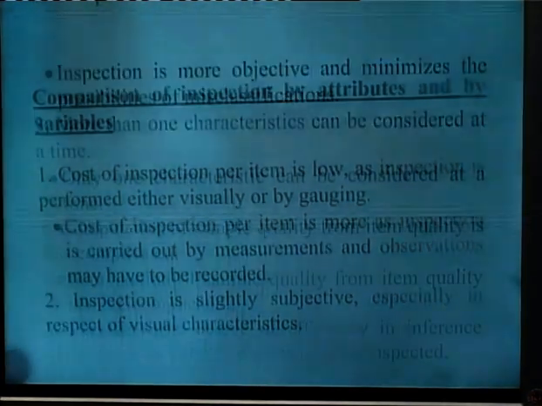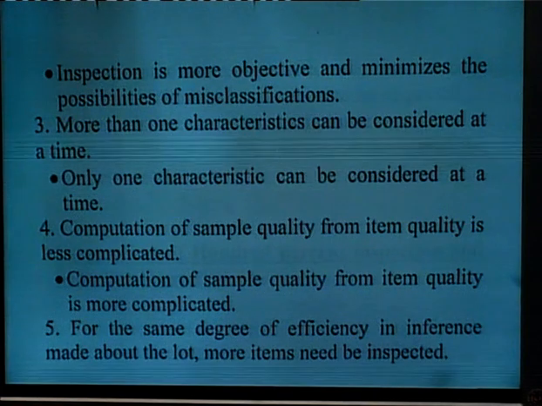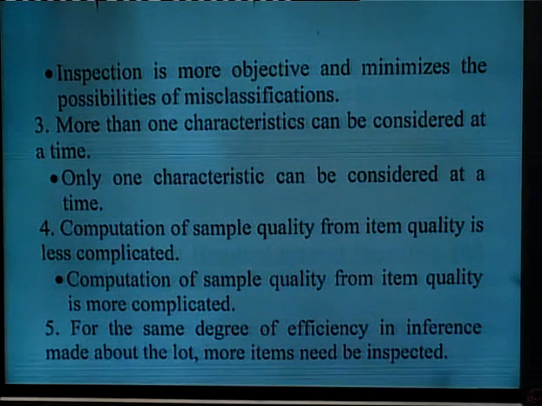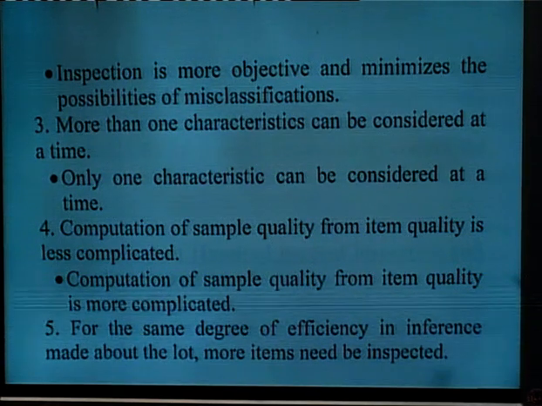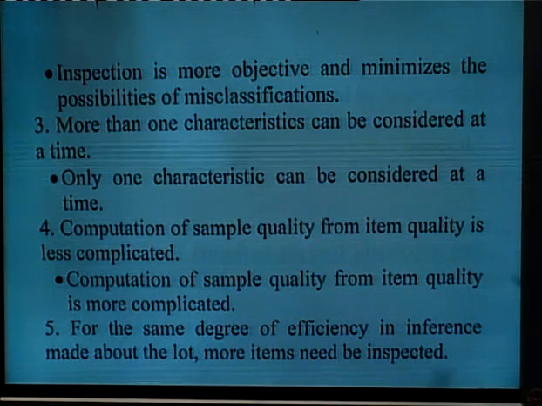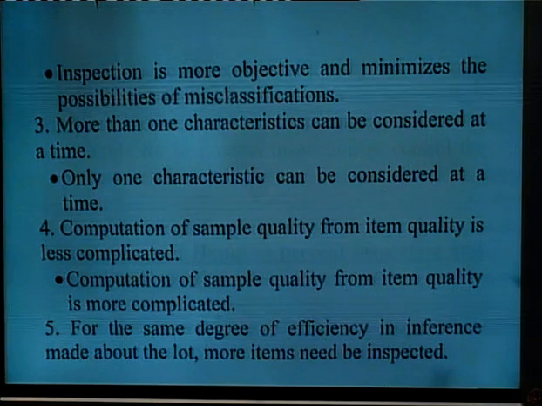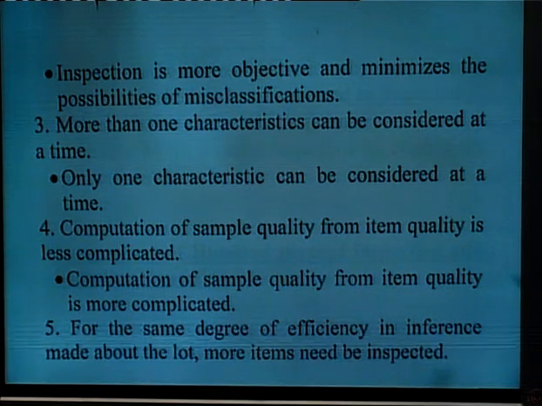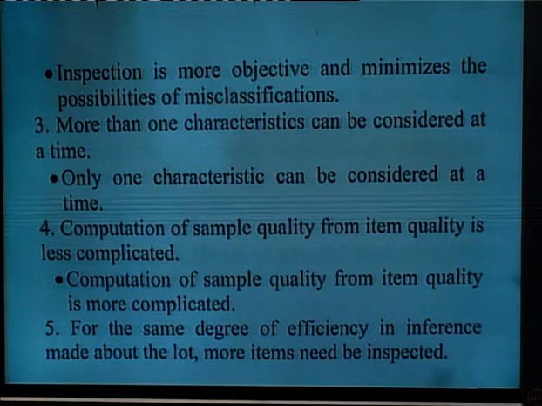And if inspection is done by variables, it is more objective and minimizes the possibilities of misclassification, because we inspect the things by instruments, and there are fewer chances of misclassification.